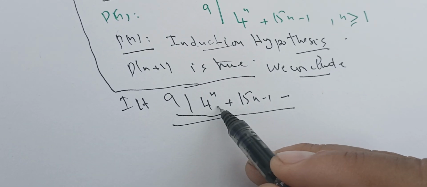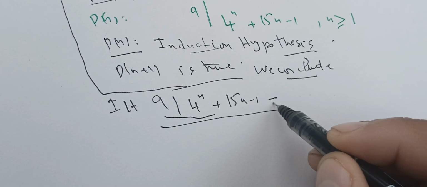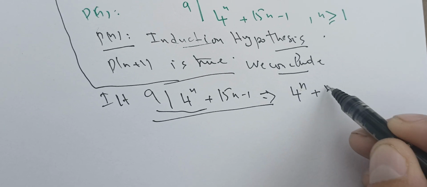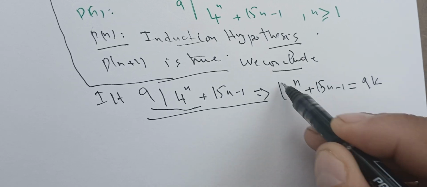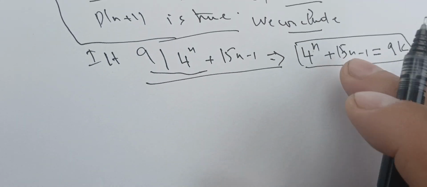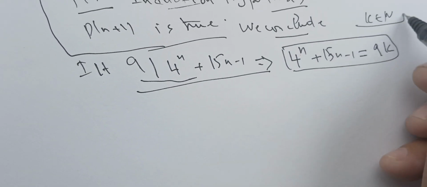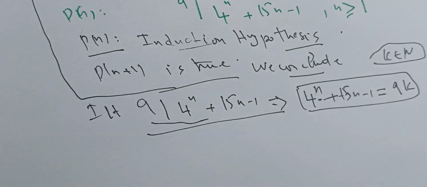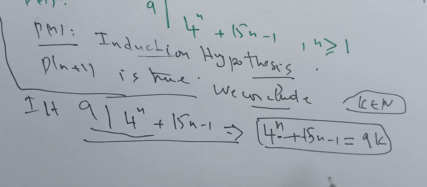That 9 divides 4 to the power n plus 15n minus 1 means that 4 to the power n plus 15n minus 1 can be written as 9 times k, with k some integer. Since this expression is positive, k is a natural number. This is the induction hypothesis, so we can write it in this form.